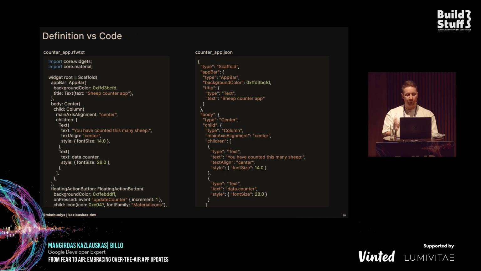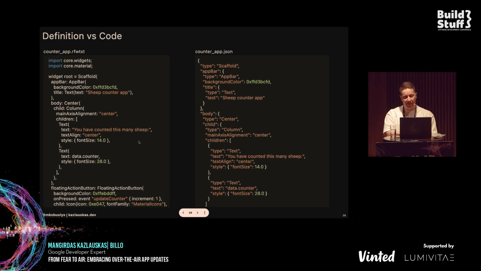About the formats, on the left is a real example of the RFW TXT format. This is a specific format used in Flutter applications, and it may not look so intuitive, I would say. So to make it more intuitive, I just translated it to JSON, because this format is basically differently looking JSON, but it can be translated one to one.